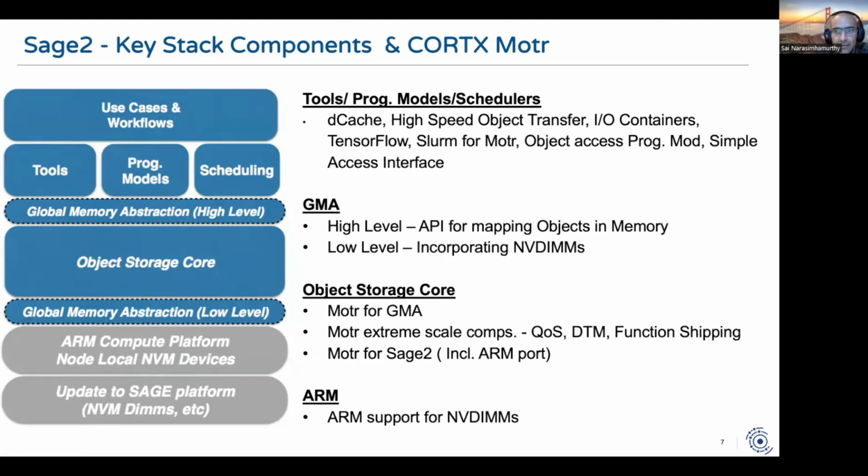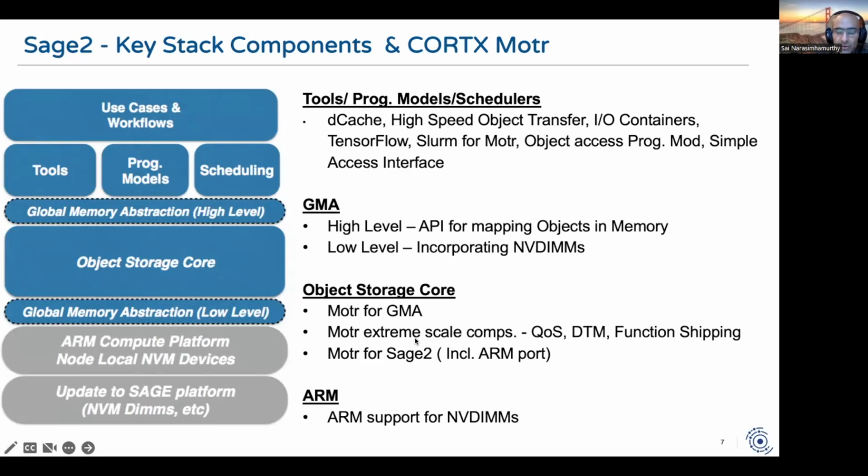And we also explored in Sage 2 along with CORTX Motr new concepts such as transaction management and quality of service, to smartly work with the different tiers based on what kind of quality of service is needed by the users.